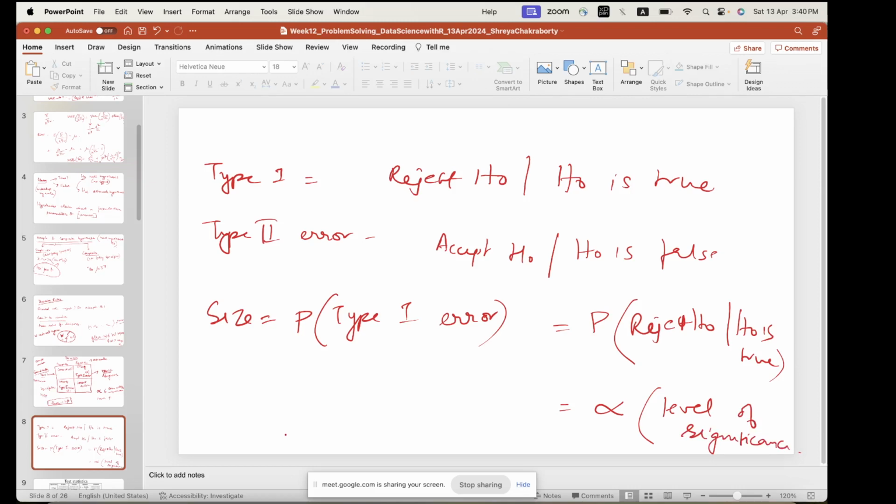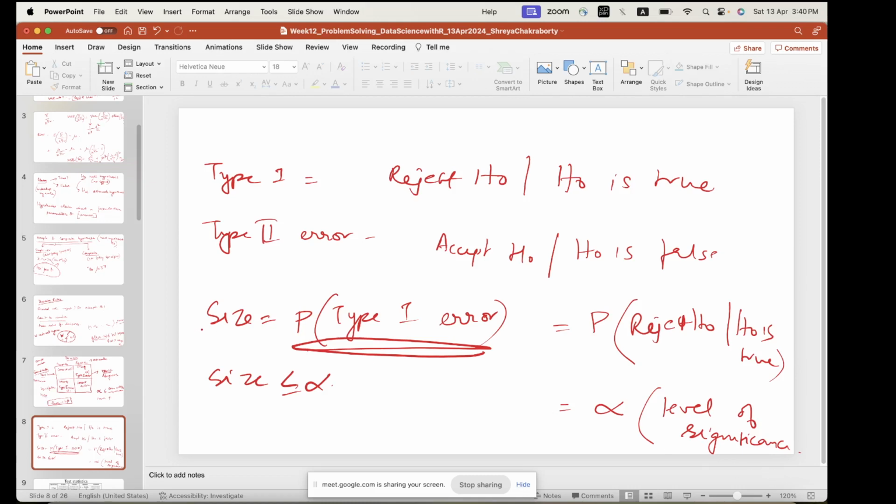Okay, to be very specific, size is always the probability of type 1 error, and size is less than or equal to alpha, but some books will specify that size is actually alpha, what we set our level of significance as.